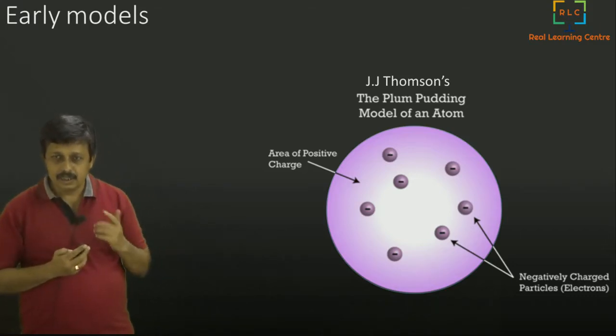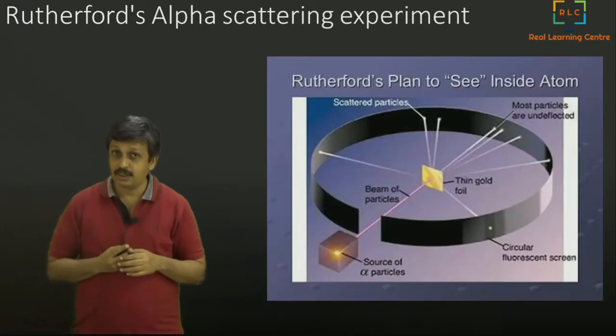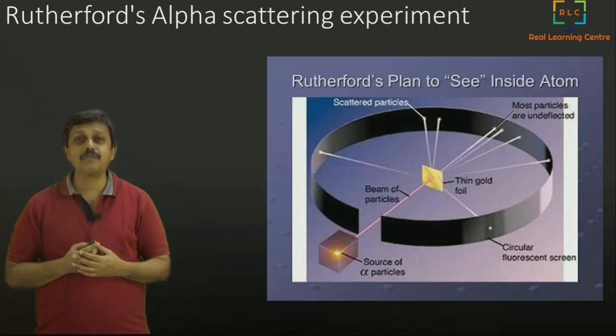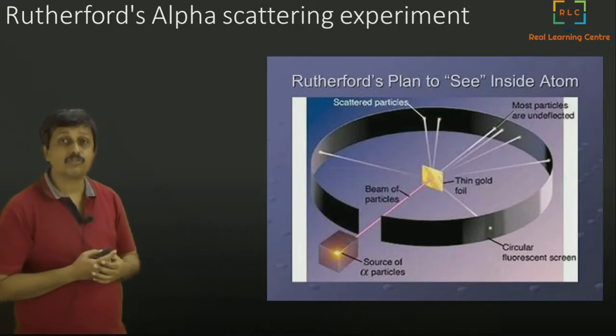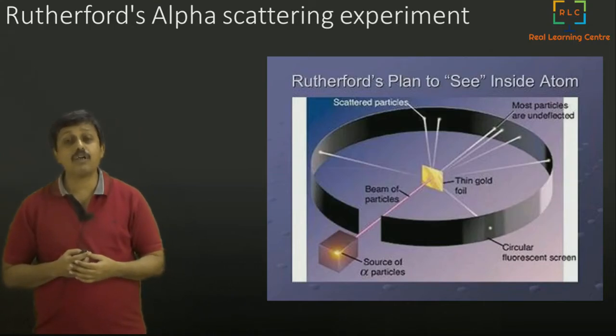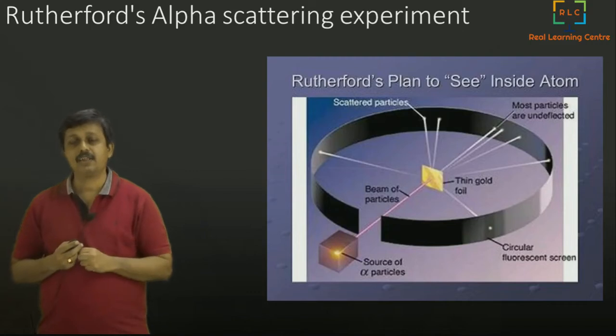Then there was some difficulty with this notion, and Rutherford came afterwards and did one experiment to see whether this is true. He wanted to see whether the plum pudding model is true or whether there is any other model. He wanted to see inside the atom.